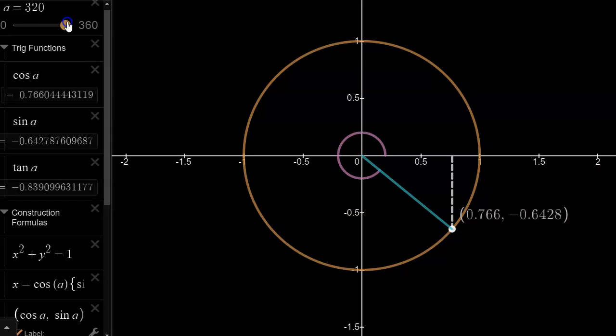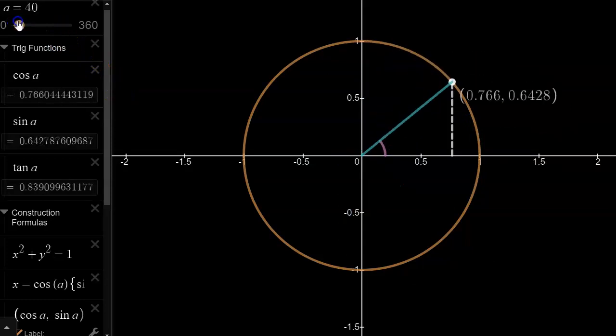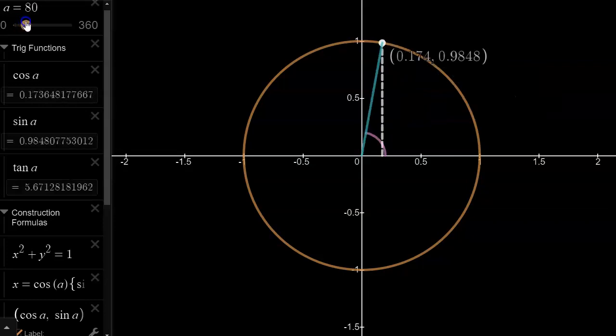And so we come by this rule called CAST rule because in this quadrant that I'm in right now, the fourth quadrant, cosine is the only one that's positive. So maybe we could give this particular quadrant the letter C, right? Whereas in quadrant 1, all three of them are positive, so we'll give this quadrant the letter A for all.